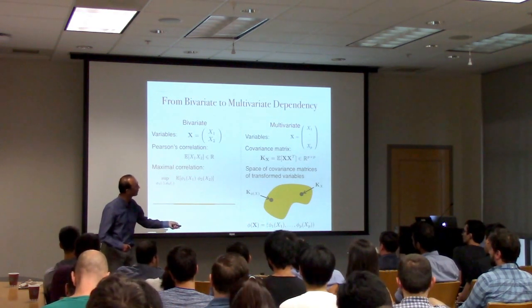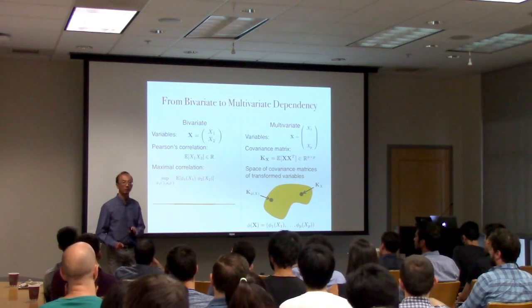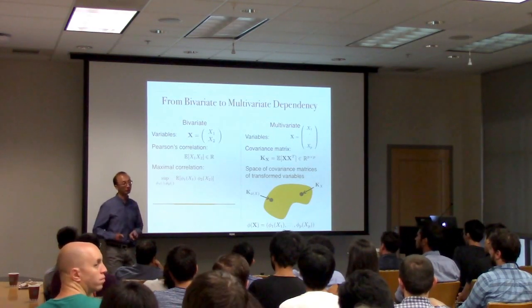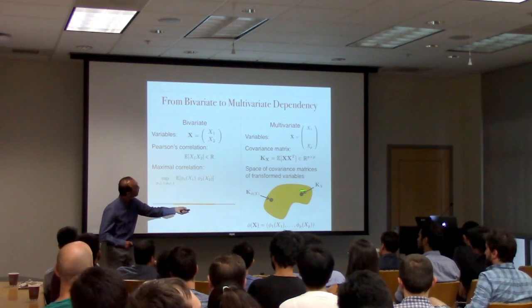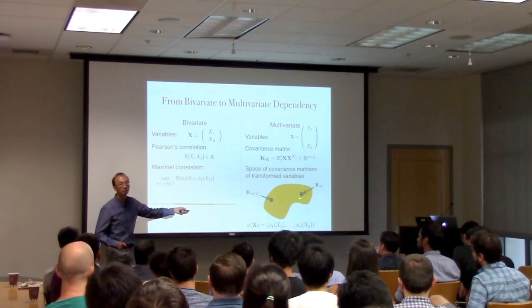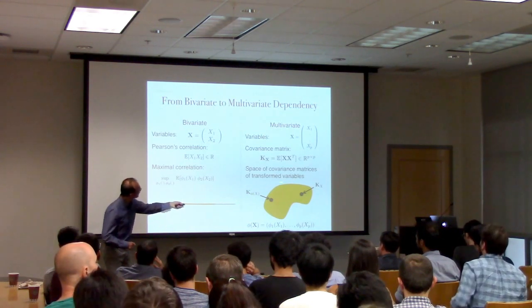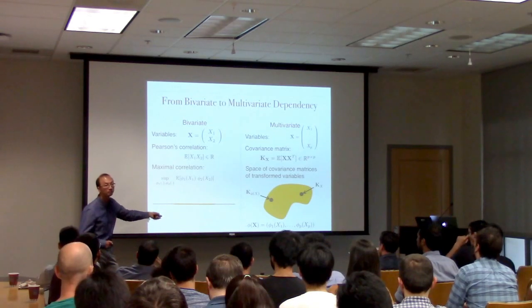So this is a nonlinear function of x1, a nonlinear function of x2, a nonlinear function of xp. For each choice of this function phi, which is a vector function, I get a covariance matrix. This is the original one, which may not be the one I want. As I vary over all possible phi, I get a whole region, just like when I vary over all phi1, phi2, I get a whole line.